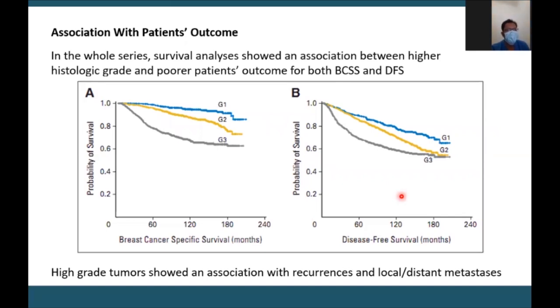The higher the grade of a tumor, the lower the probability of survival. Whereas on curve B, it was explained that the recurrence rate was also faster at higher grades. So by knowing the grade of a tumor, we can assess the prognosis of a tumor.